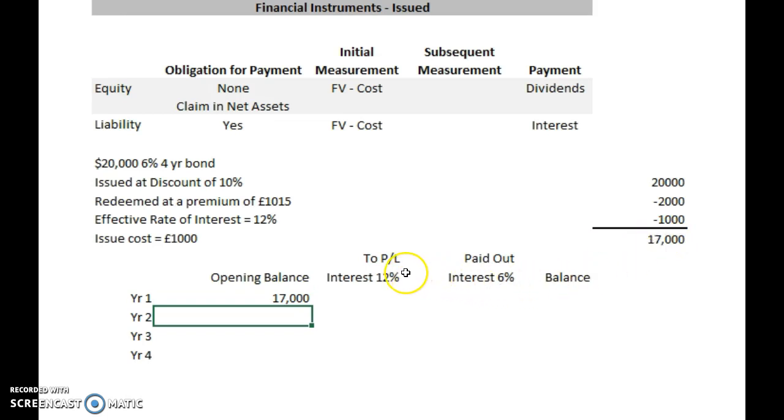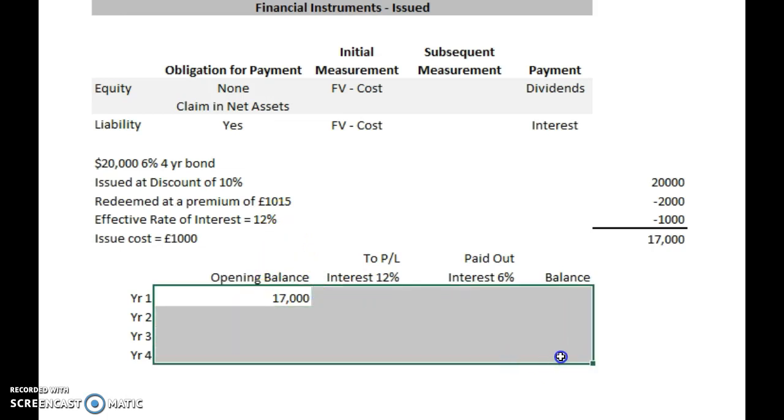Now, how much do we put to the profit and loss? This is quite simple. We put through the effective rate of interest. And that means we've looked at the whole picture of the loan. We've looked at the repayments, we've looked at the discount, we've looked at the premium, and we've calculated all that to be given an effective rate of 12%.